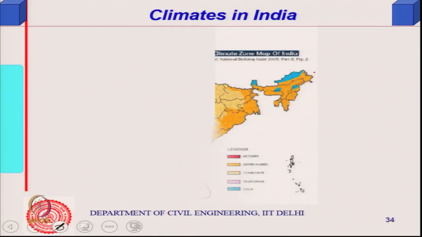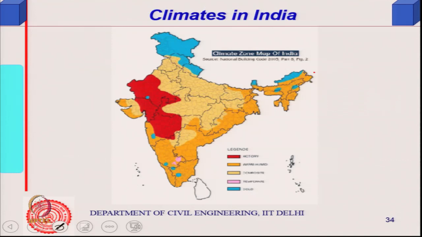And if I look at an Indian scenario, this is what is important. The red one is hot dry desert climate. You can see part of Rajasthan, part of Gujarat, part of Maharashtra also belongs to hot dry desert climate. The blue is of course cold because of the Himalayan scenario, right?